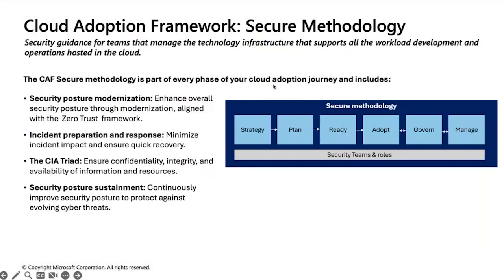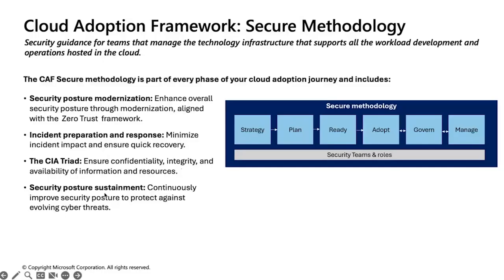Here, this cloud adoption journey includes security posture modernization, incident preparation and response, and the CIA triad, that is confidentiality, integrity, and availability of information and resources. We have to maintain a balance between all these three.